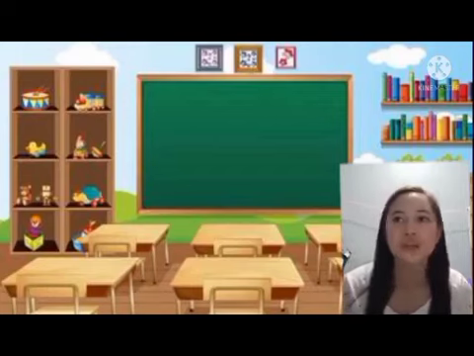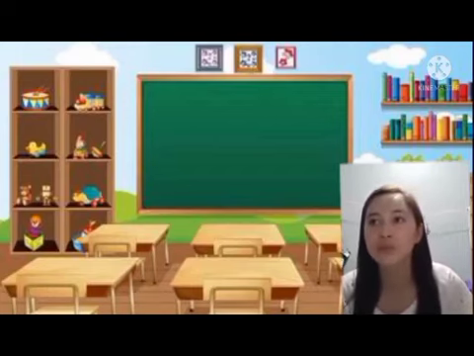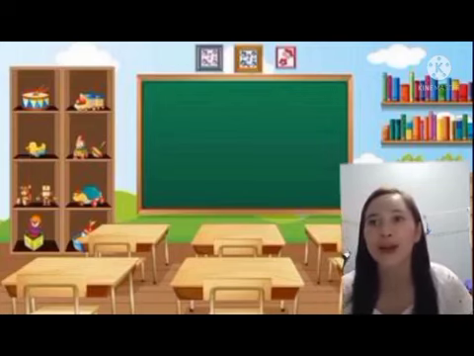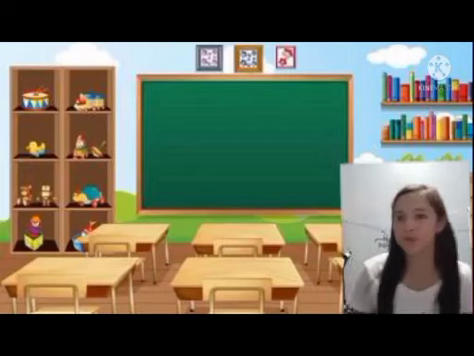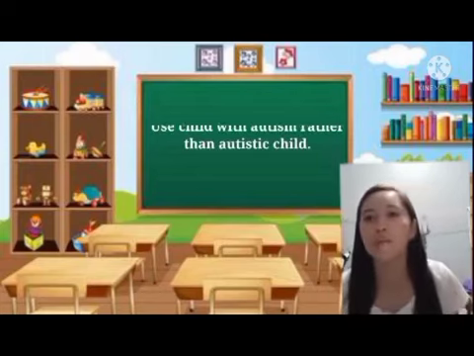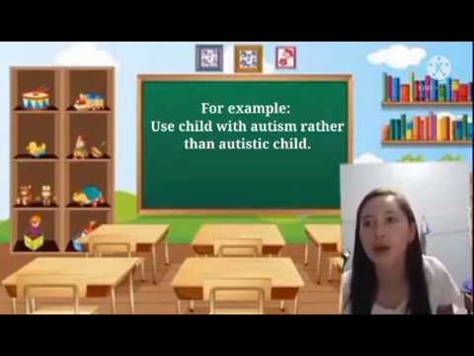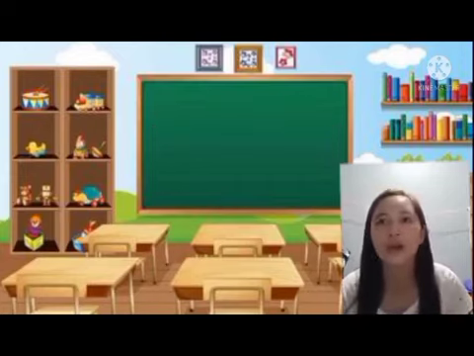People first language is a type of linguistic prescription which puts a person before a diagnosis, describing what condition a person has. So, for example, use child with autism rather than autistic child. Ito siya examples of people first language.